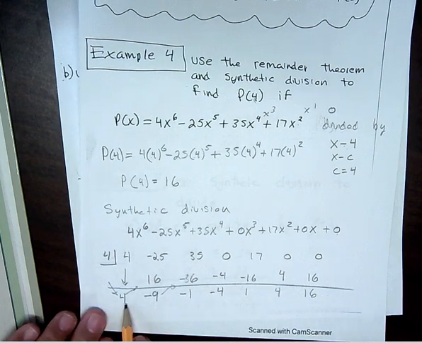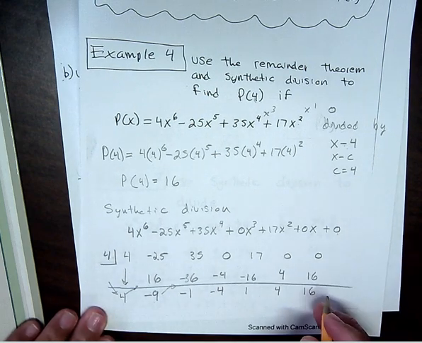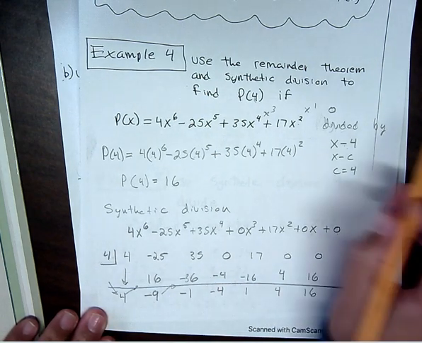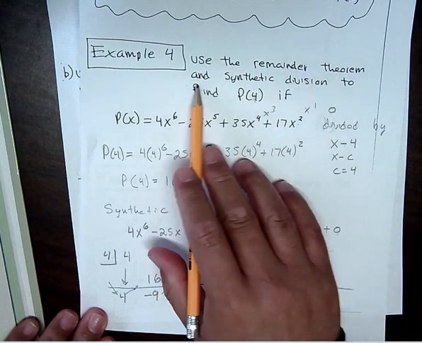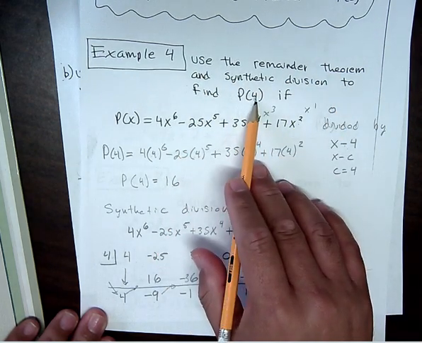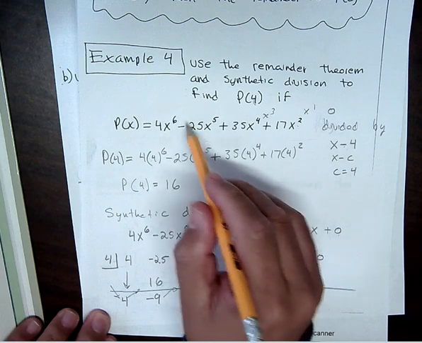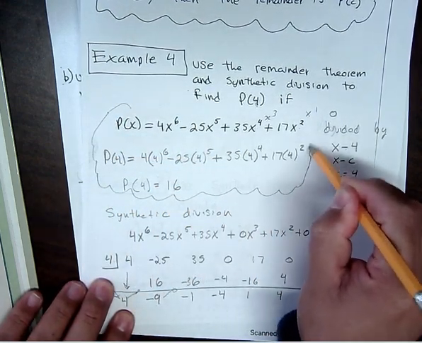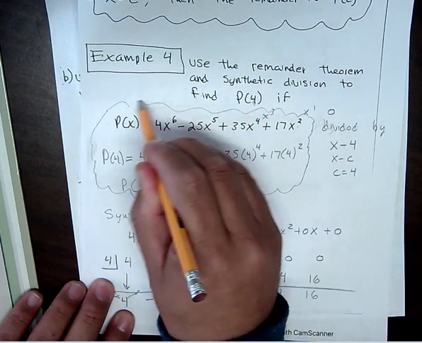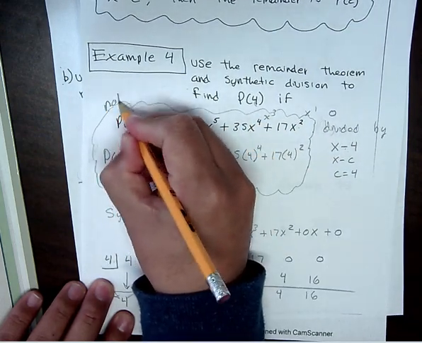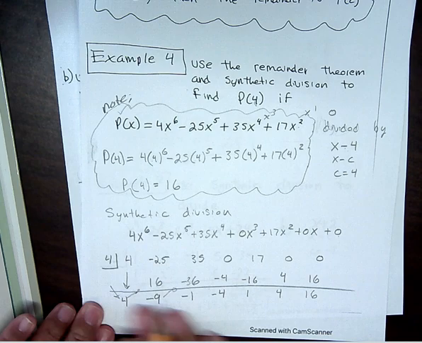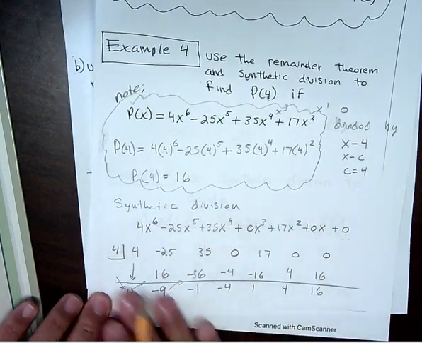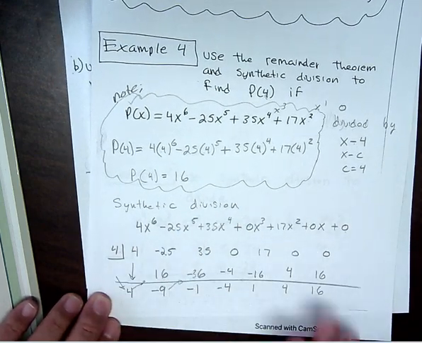So that's the new polynomial, but they don't want the polynomial. They just want you to use the remainder theorem and synthetic division to find P of 4. So I did it the old way, when you evaluate normally. Using synthetic division is what they want you guys to do.